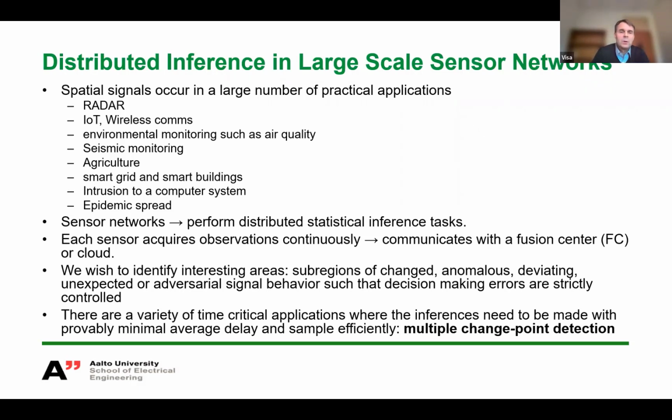Furthermore, there are quite a few time-critical applications where the inferences need to be done with a provably minimal average delay. You also wish to come up with techniques that are sample efficient, so that with as little data as possible, you reach the quality of decisions you are aiming at. And for that purpose, we will consider multiple change-point detection.